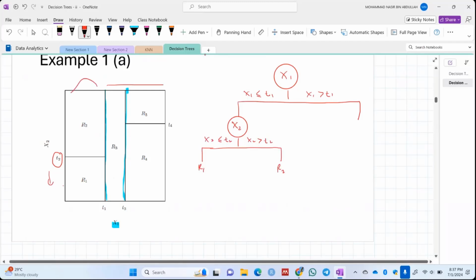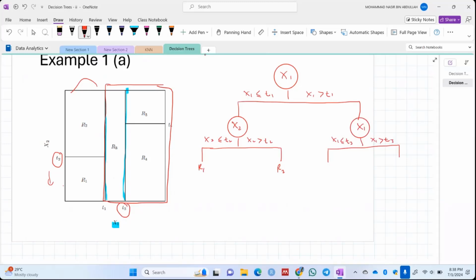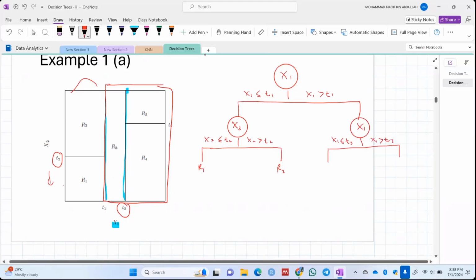Now we focus on the right hand side. For the right hand side, it can be separated into two parts by X1 equal to T3. So this is going to be X1 less than T3, X1 more than T3. For X1 less than T3, it should be R3, region number 3.